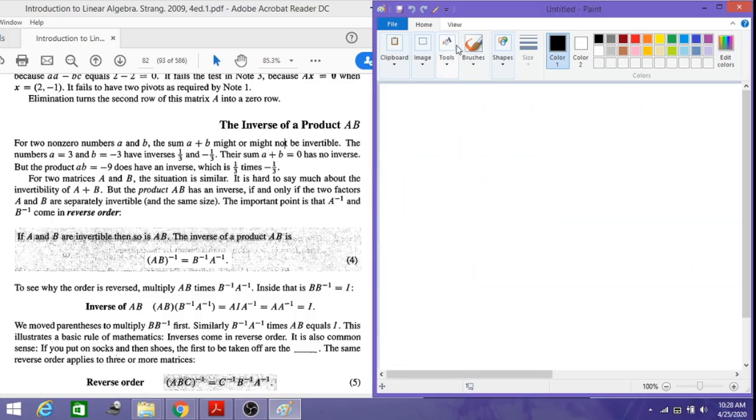So now let us see a few important things, the inverse of the product of two matrices. For example, if it is A into B, then what is its inverse? We can find the individual inverses, so B inverse into A inverse gives the same thing.